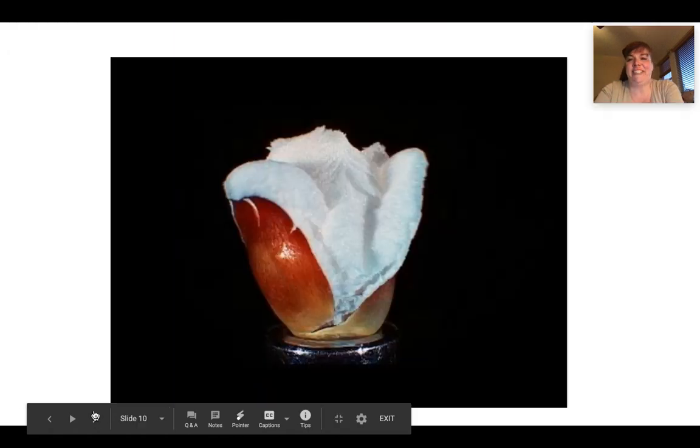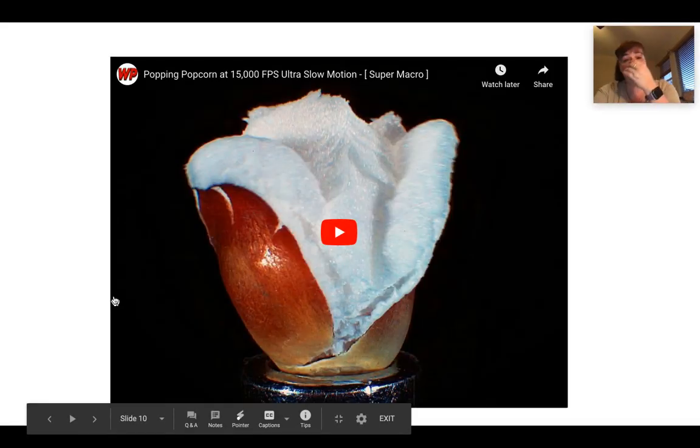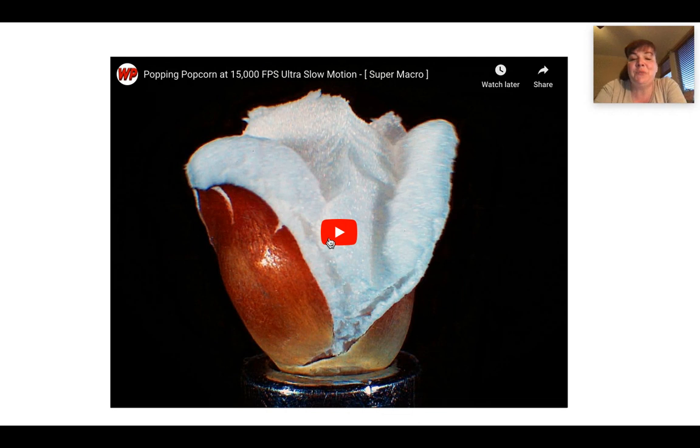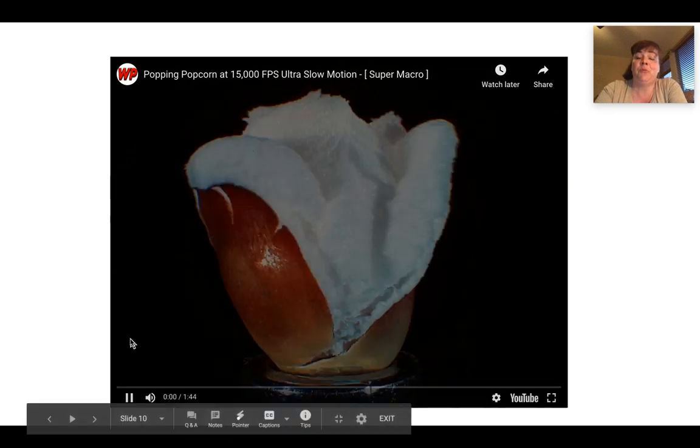That's my girls. Okay, so this is actually pretty cool. This is a slow motion real popcorn. Let's watch what's happening. And if you look, you can actually see the steam releasing after it ruptures.